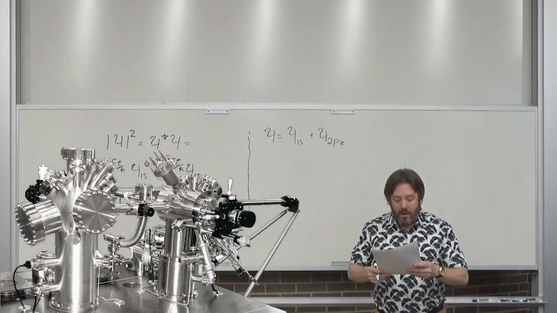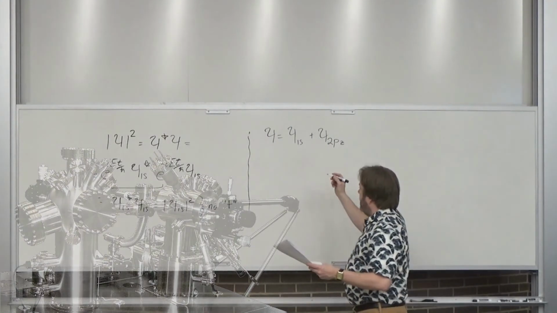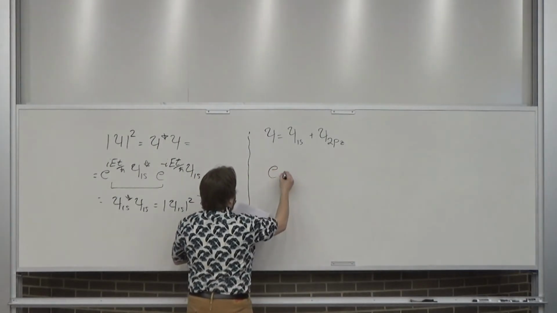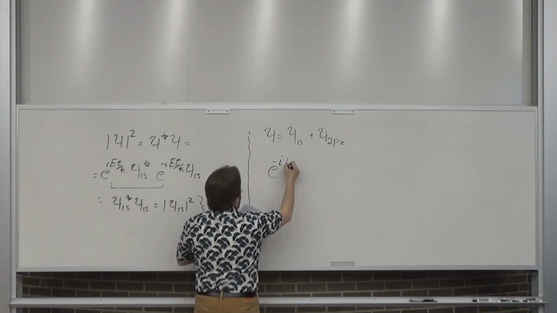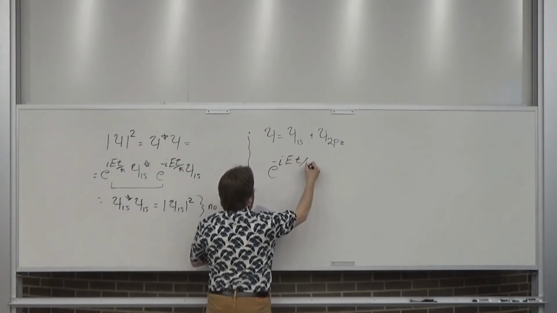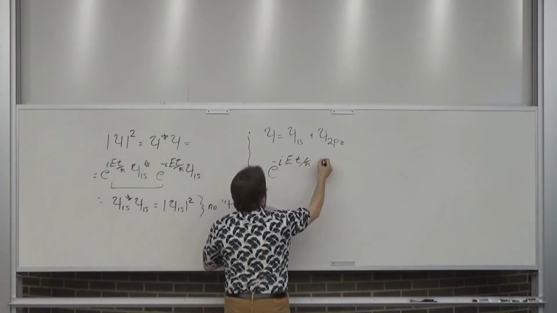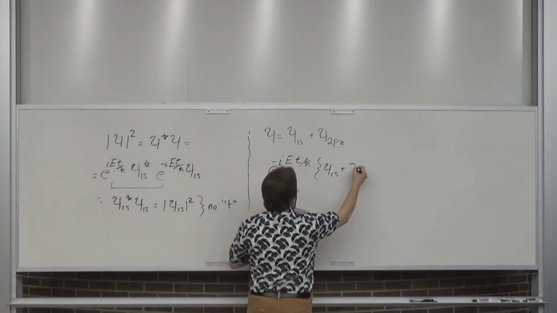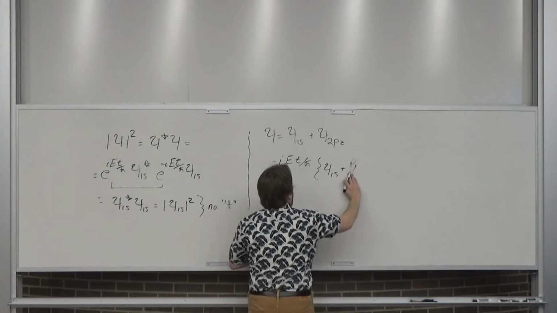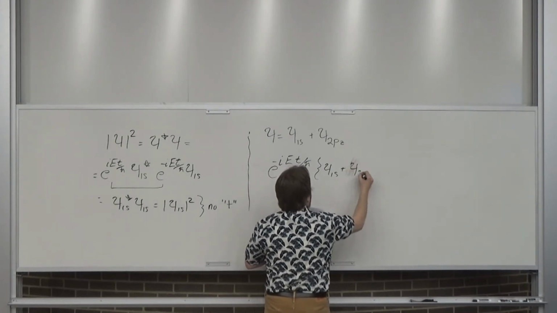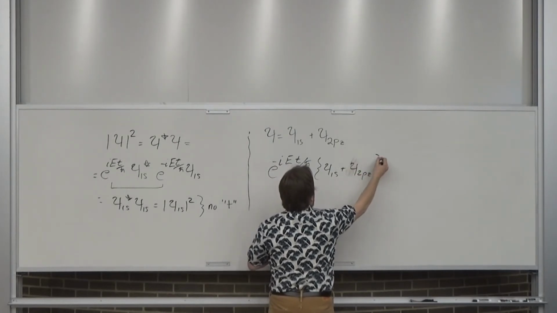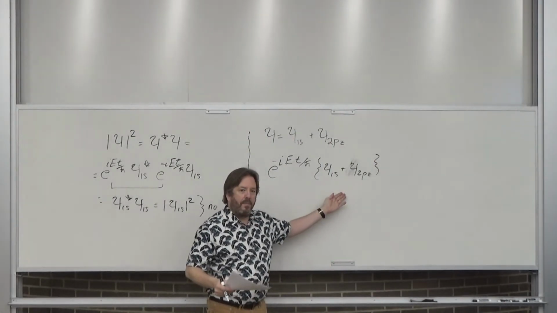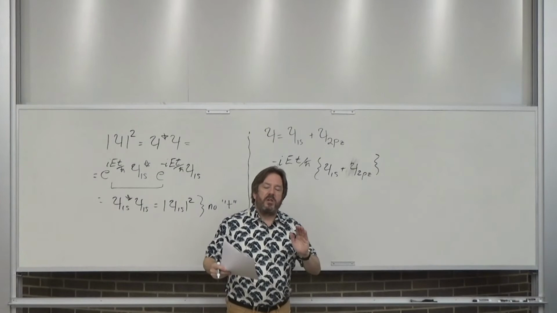Okay, now you can't do this anymore, so don't be writing this down. You would like to evolve the state in time this way, as I was just showing you, but you can't anymore.